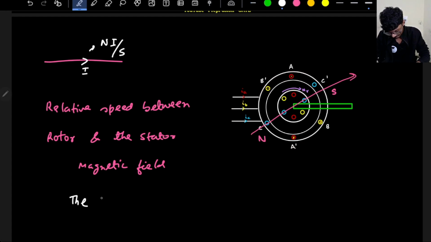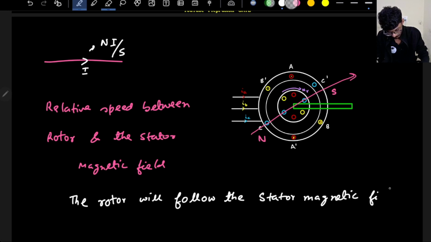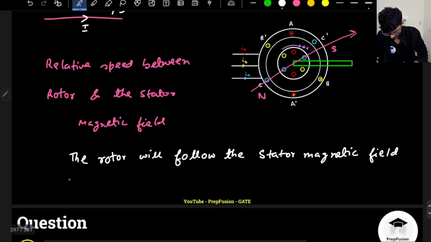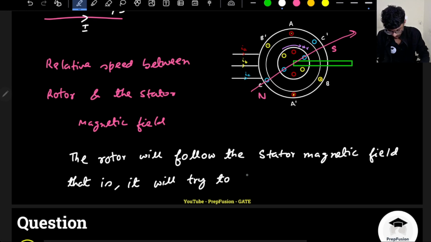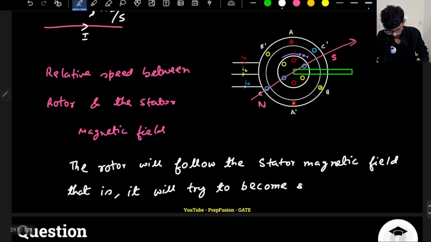The rotor will follow the stator magnetic field, that is, it will try to become stationary.